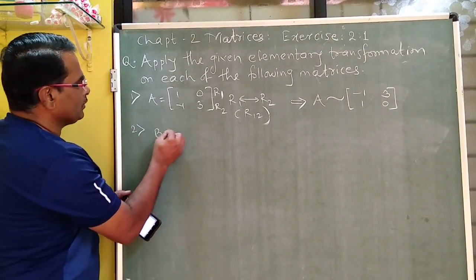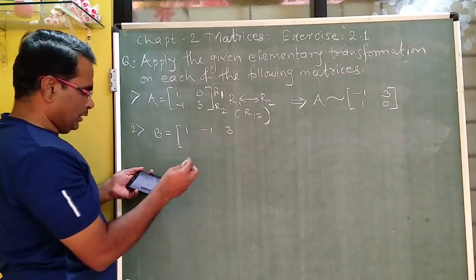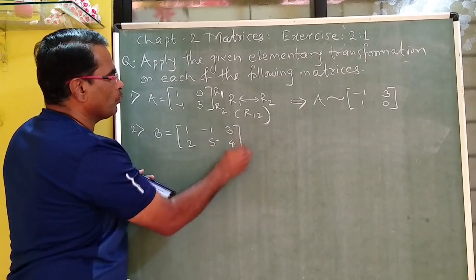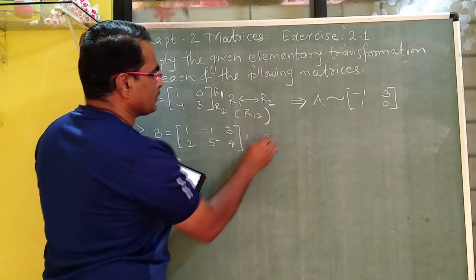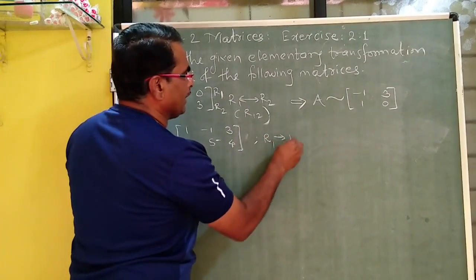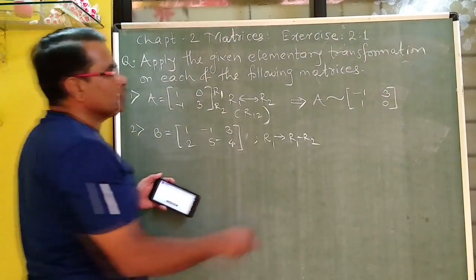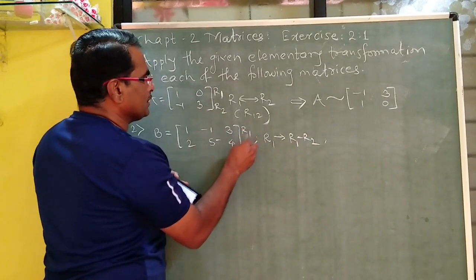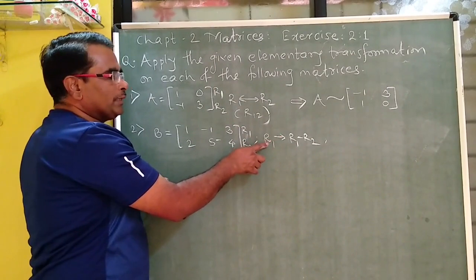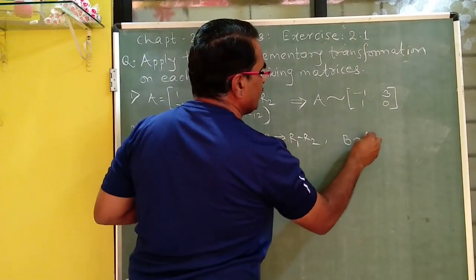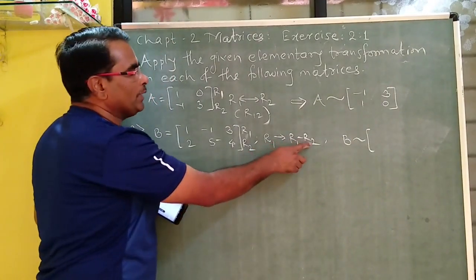The second sub question, that is matrix B contains 1 -1 3 and 2 5 4, and here the expected operation is R1 is taken as R1 minus R2. To consider this operation, it is clear that this is your R1, this is your R2, and in a new matrix, say B is equivalent to, you have to replace the first row R1 by R1 minus R2.